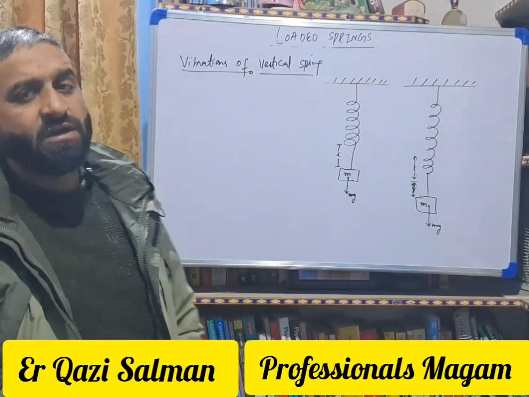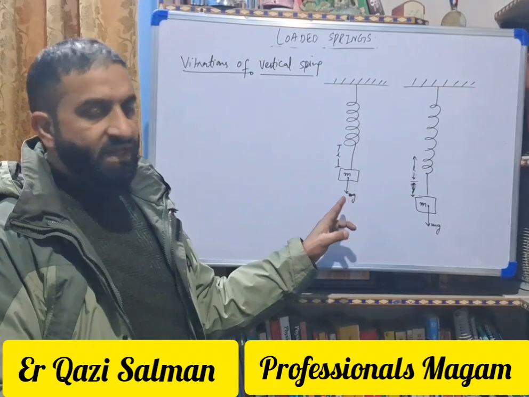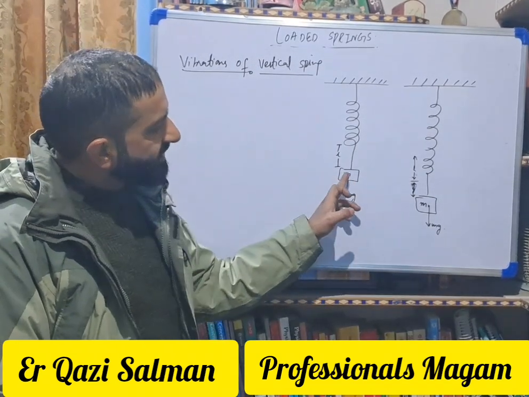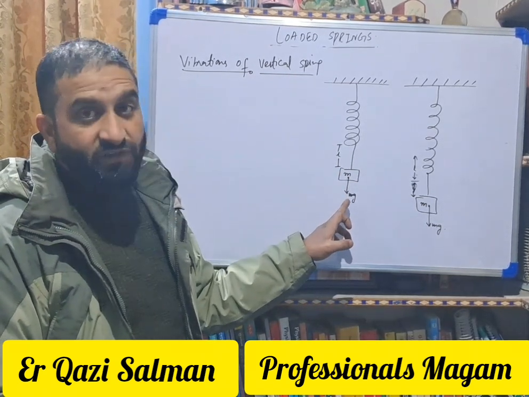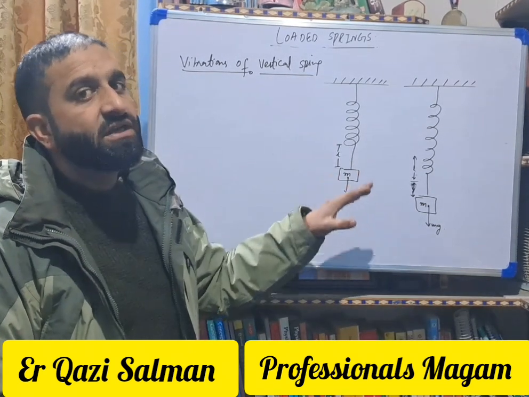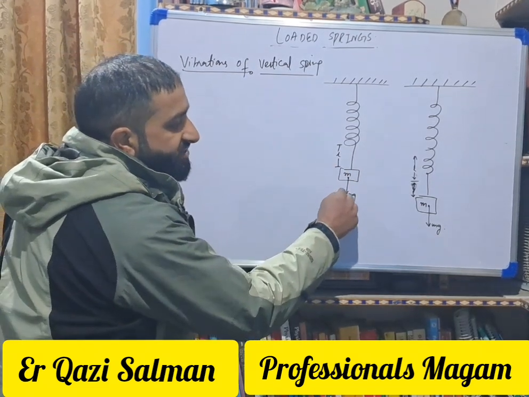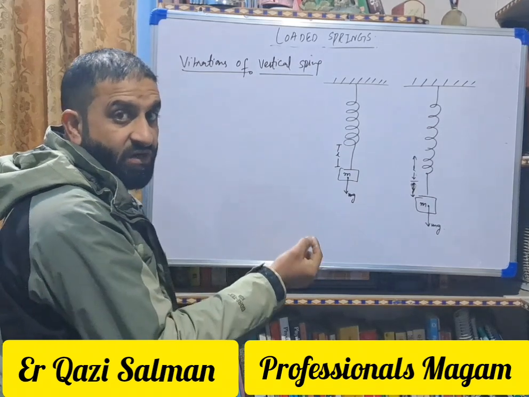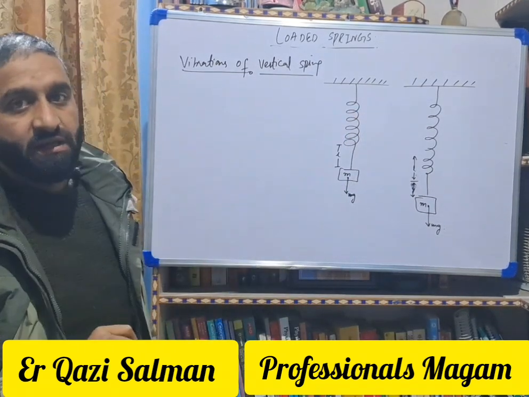Talking of the vibrations of a vertical spring, let us take a spring and attach a mass M to its end. When we attach a mass to it, it extends by a distance of L under the effect of the weight mg, but it doesn't oscillate up and down. When mg is vertically downwards, there should be an upward restoring force which will restore the shape of the spring.